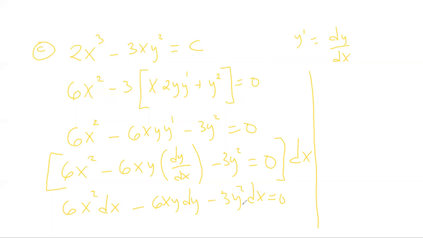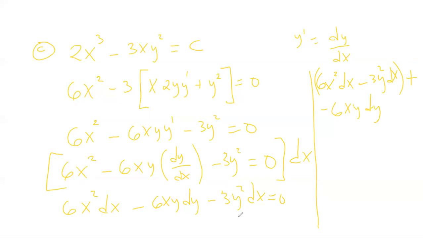So what I'm going to do, I want to group all the dx terms. So I look at this one and this one. So I have 6x squared dx minus 3y squared dx, plus, so I group this term, minus 6xy dy.